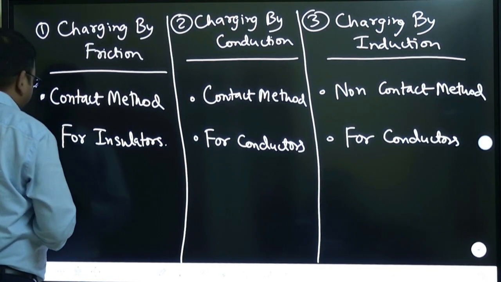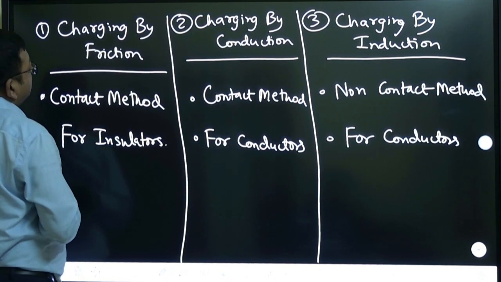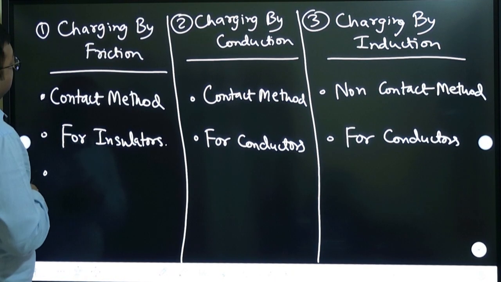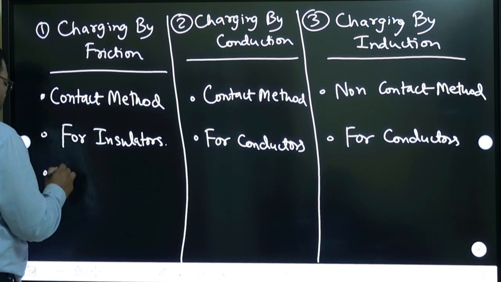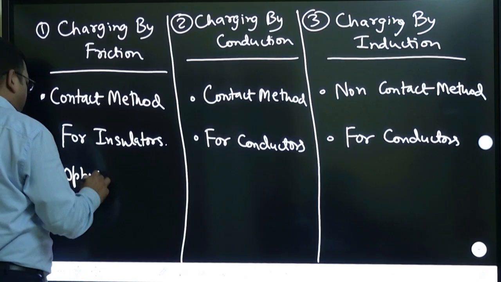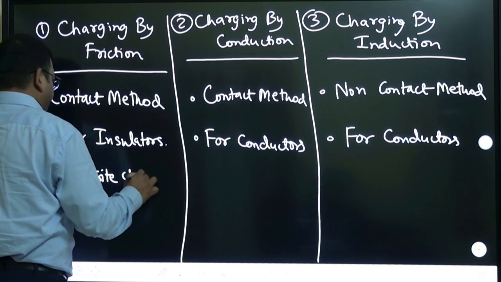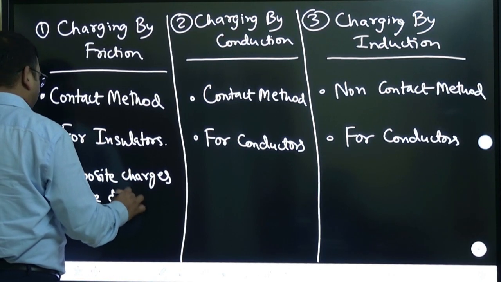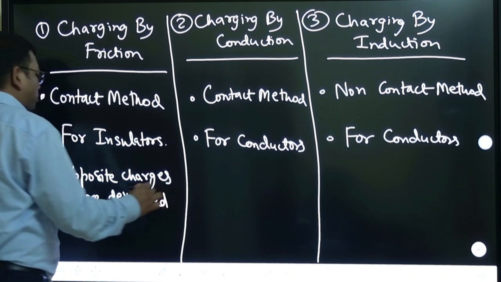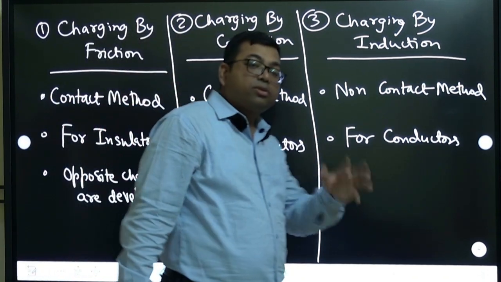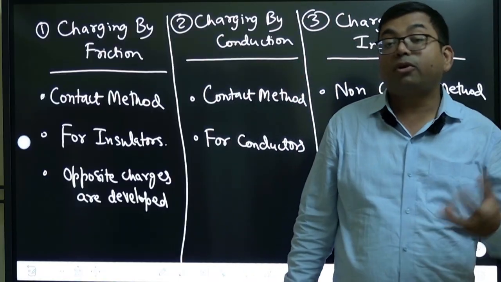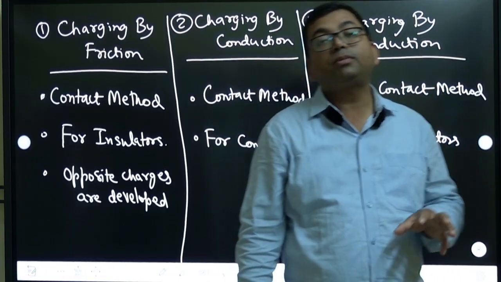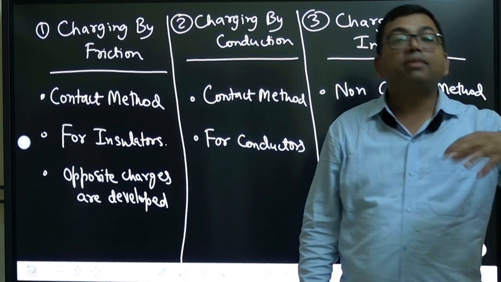Then next, what kind of charges are produced here? Opposite charges are developed. When you rub two bodies, electron transfer takes place. If a body is losing electrons, it will become positively charged. If a body is gaining electrons, it will become negatively charged.